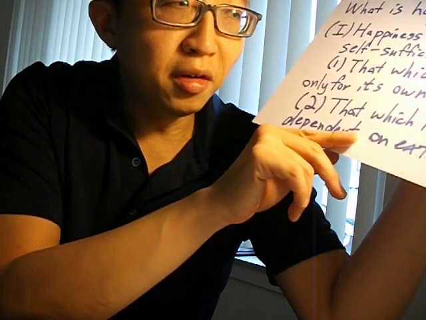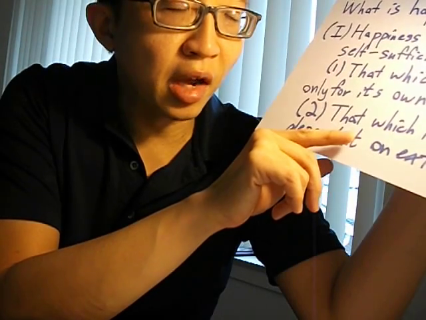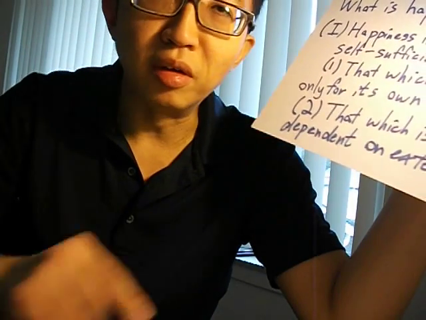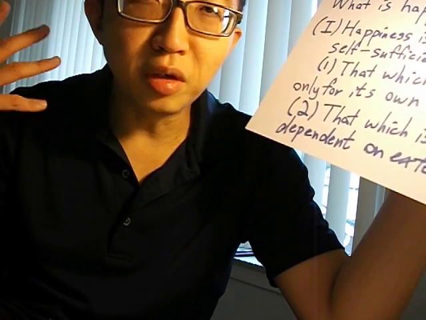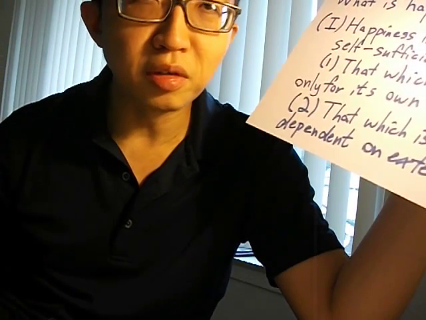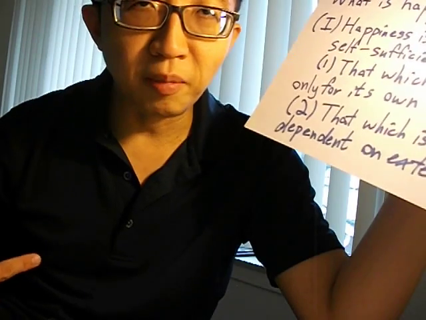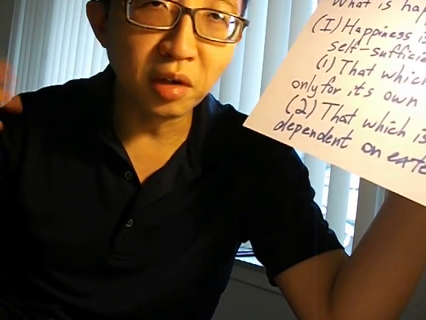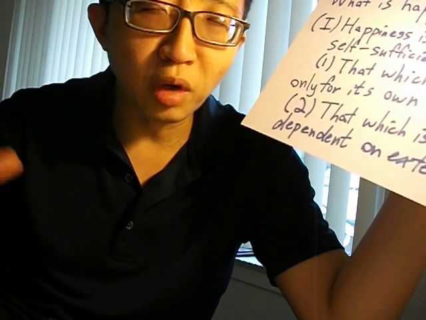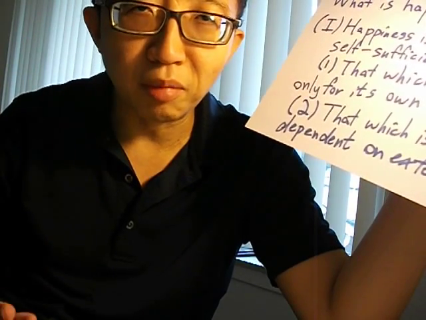Okay, and then there is the idea that happiness is that which is not dependent on externals. So again, money is not happiness because money is dependent on externals. You may make more or less money. If there is a recession and there is runaway inflation, your money might become worthless.